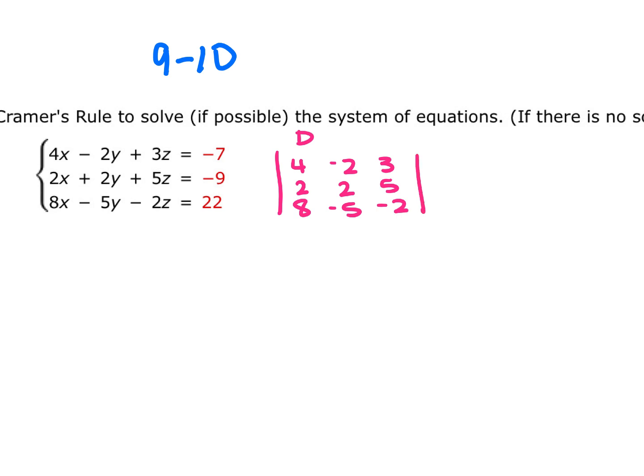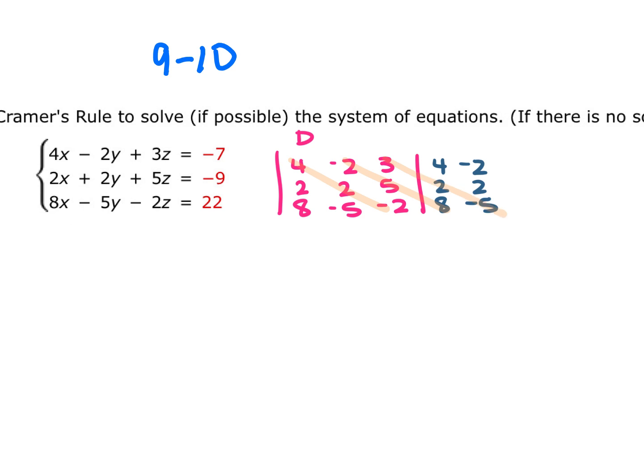Just like with the last question, we're going to find the determinant first, which is D. So rewrite the first 2 columns. You have 4, 2, and 8, negative 2, 2, and negative 5. Multiply going down. So you have 4, 2, and -2, -2, 5, and 8, and 3, 2, and -5.